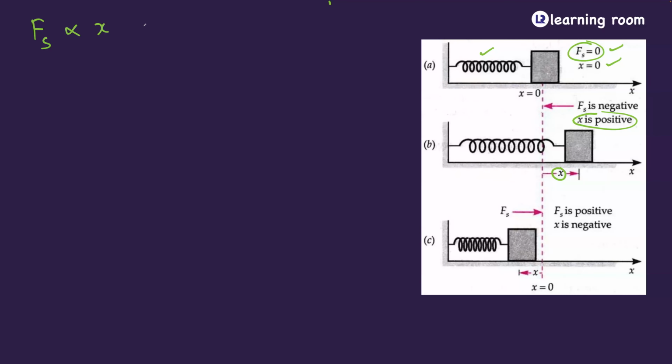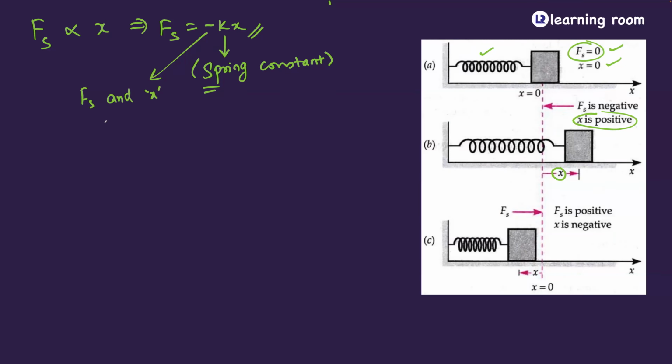So when you remove the proportionality symbol, you have Fs equal to minus k into x, where this k is called the spring constant. The negative sign indicates that Fs and x are always in opposite directions. This is the conclusion we made with the help of the extension concept.